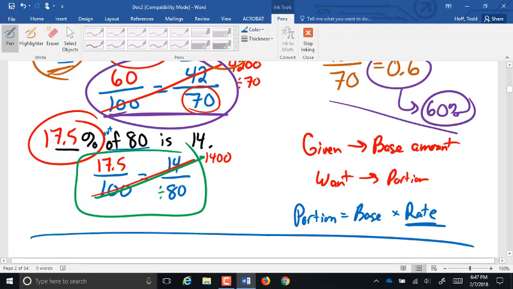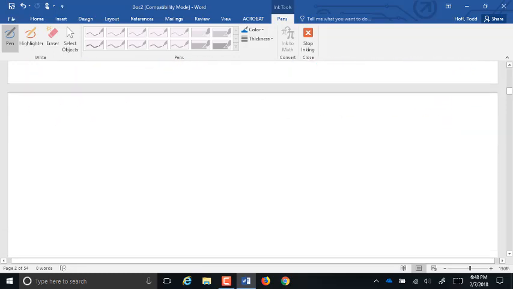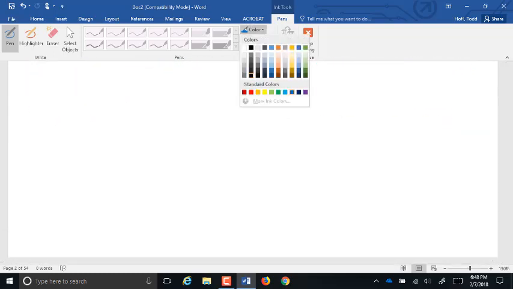Let's look at some word problems to demonstrate why I say that proportion method helps us match up numbers.